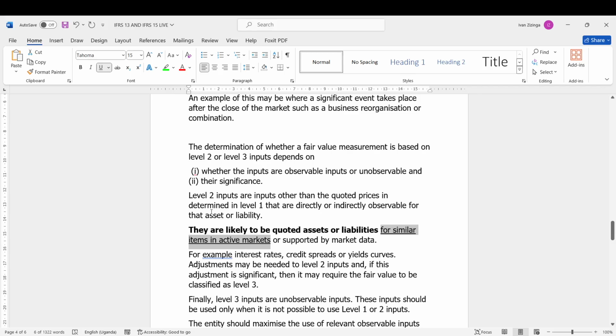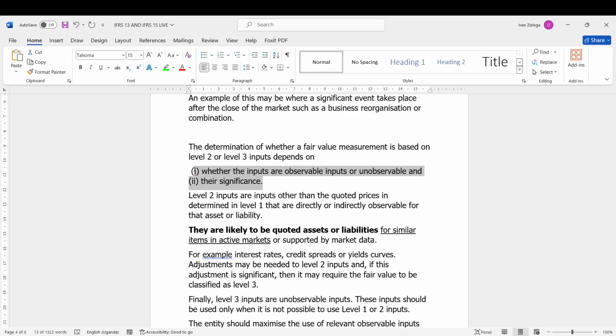Now, since we said level 2 and level 3 are somehow confusing, where we look at observable or unobservable, and then the significance. If your adjustments in the price of the similar item are significant, then we are going to take that not as level 2, but rather level 3.